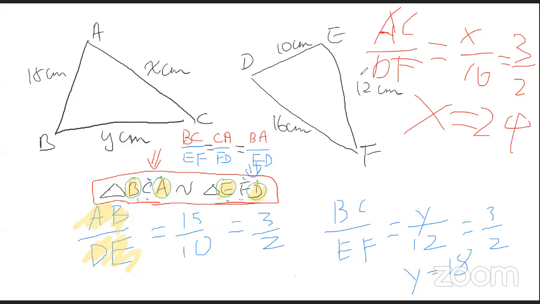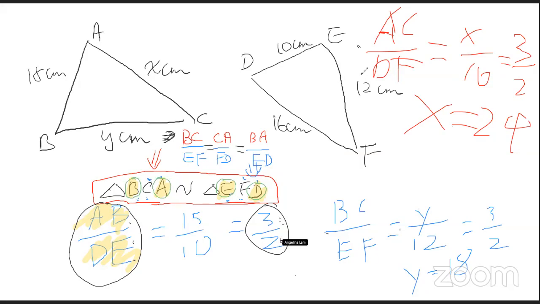Your classmate has calculated AB divided by ED, which is 3/2. But be very careful. If you put the length of the bigger triangle in the numerator, you have to do it for the other two pairs.